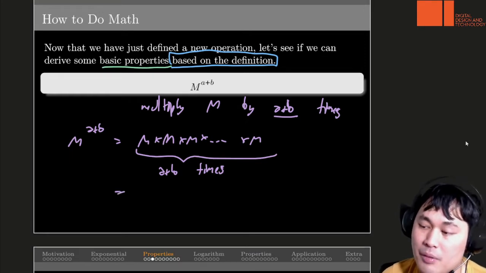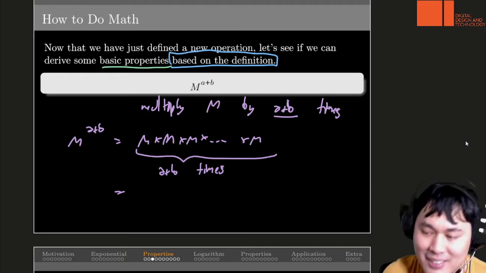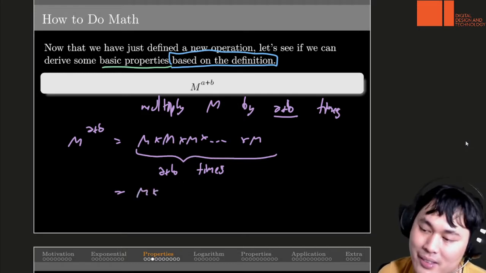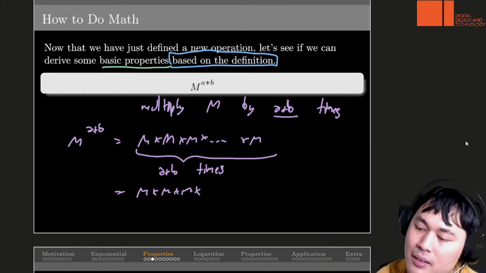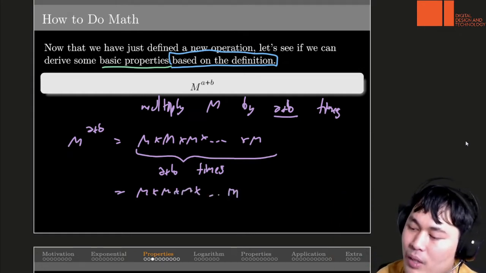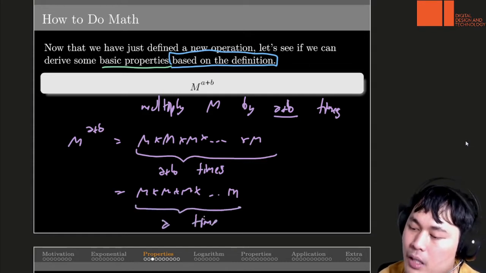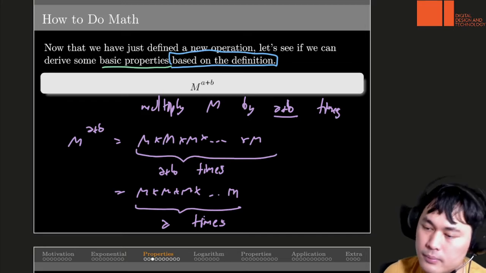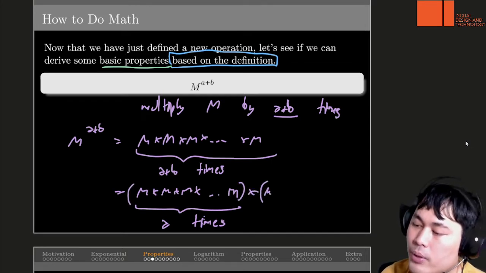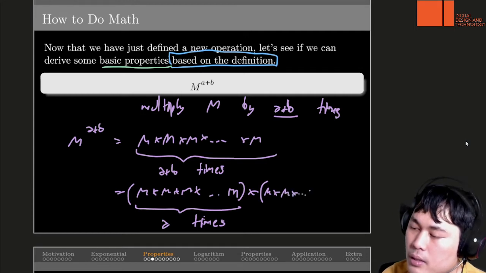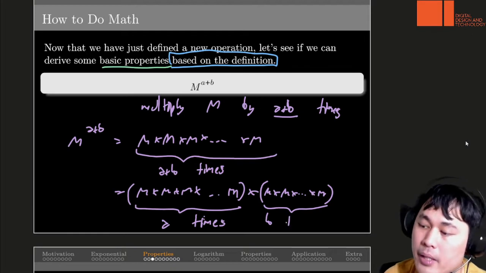And can we simplify that or make it easier to think about? Yes, because since this is just a sequence of multiplication, we can divide it in any way we want. So let's say we take the first a copies of m here and put a parenthesis around it, and then put the other leftover, which should be b copies.